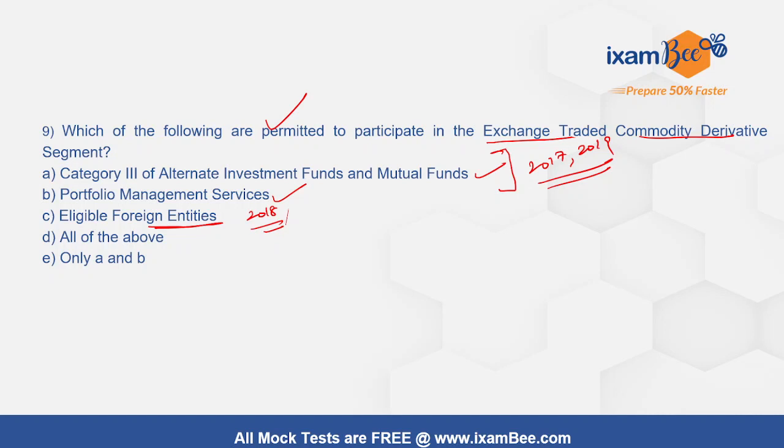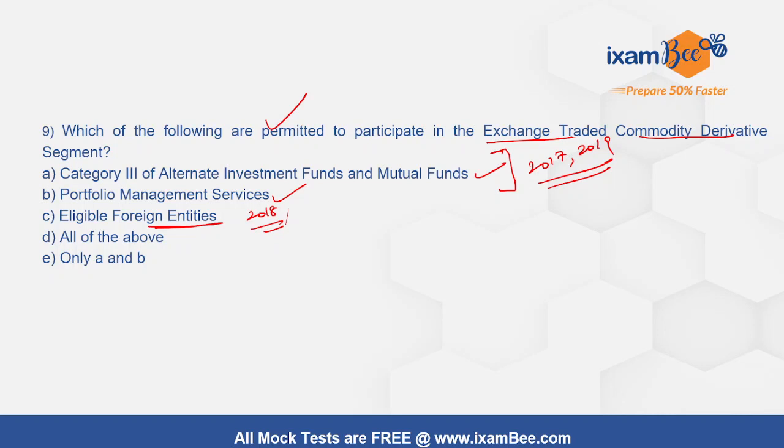Certain other conditions are there. They should belong to a country whose securities market regulator and commodity derivative market regulator should be signatory to certain memoranda, or bilateral MOUs with SEBI.